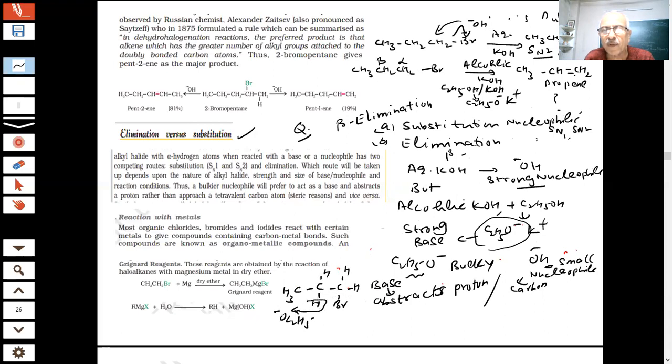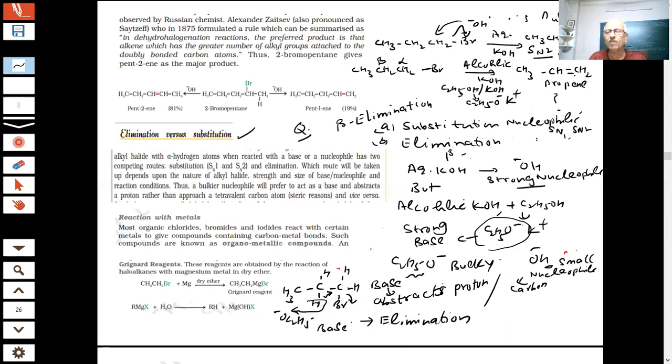See the proton? Because now it cannot come here, but it can easily take this. It is not crowded, and this is not crowded. Therefore, it acts as a base. If it removes this proton, what will happen? This will go, and this Br will leave. So the result will be elimination. You got the answer?